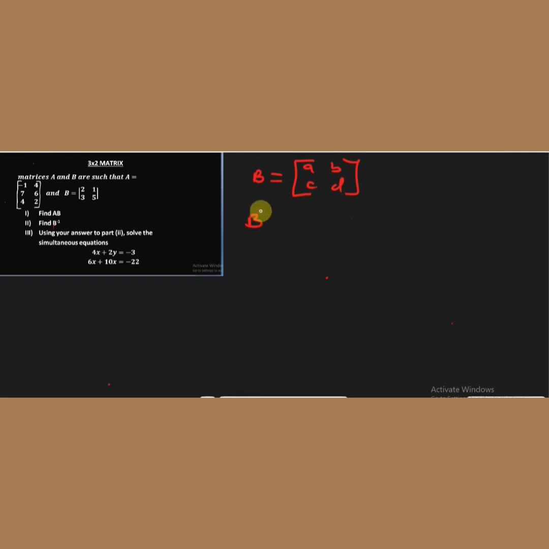Remember I said finding the inverse of B is equal to 1 over the determinant. How do we find the determinant of this? You multiply the diagonals and subtract them. A times D gives me AD, minus B times C, that's BC, then times.